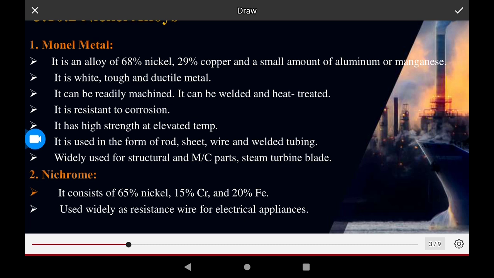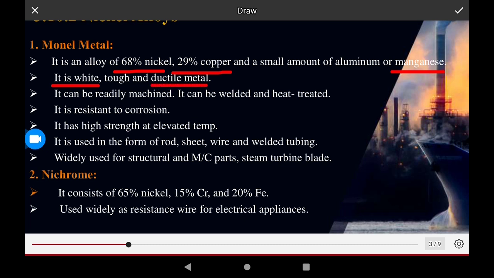It is an alloy of 68% nickel, 29% copper, and a small amount of aluminum and manganese. It is a very white material, tough and ductile.